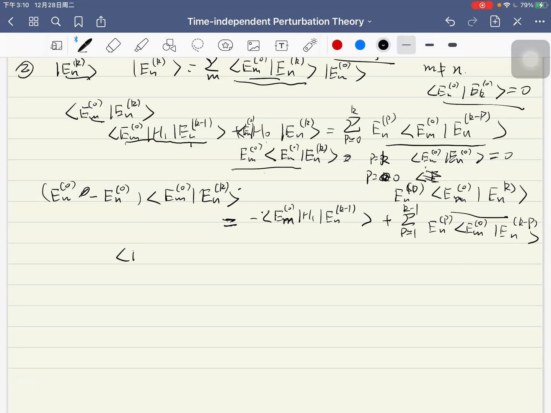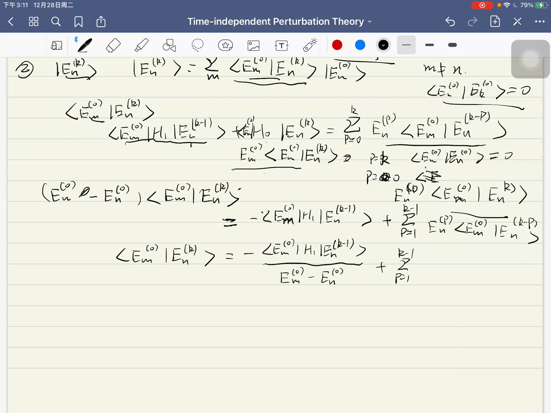So the E_m0, nk equals to minus the sum.